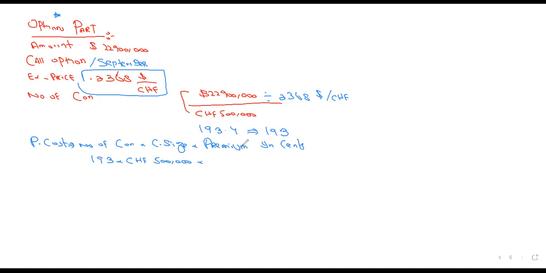What was the premium? The call option September premium was 0.14, but 0.14 divided by the 100. And the currency denominations are dollar over CHF. CHF cancel.